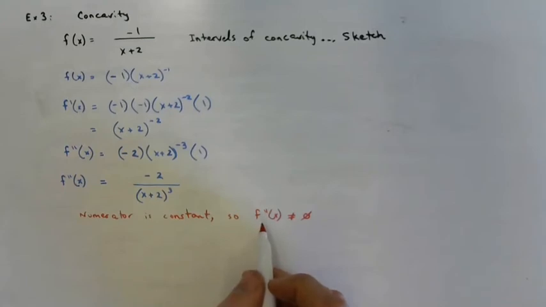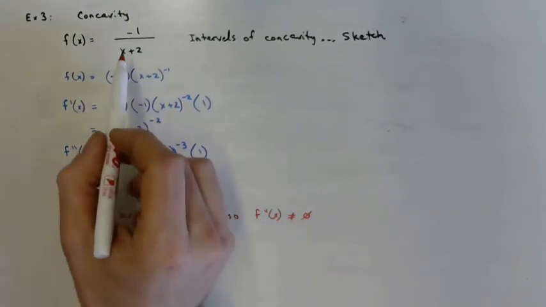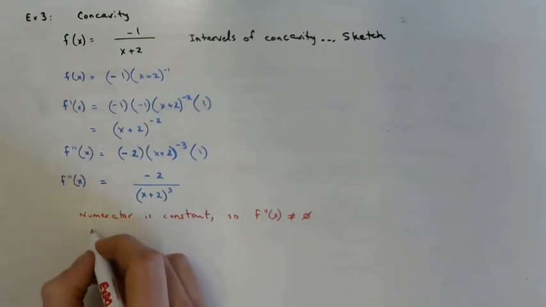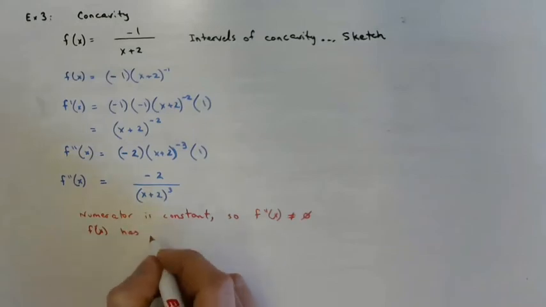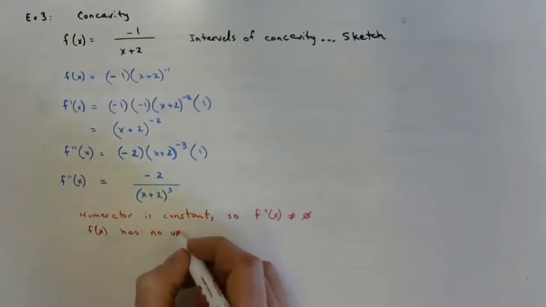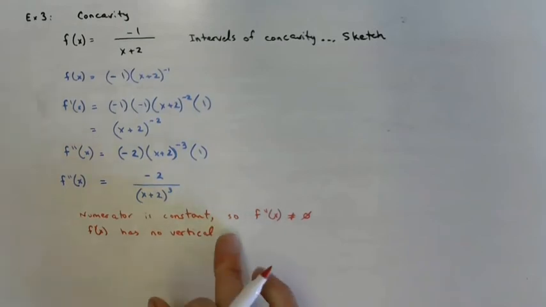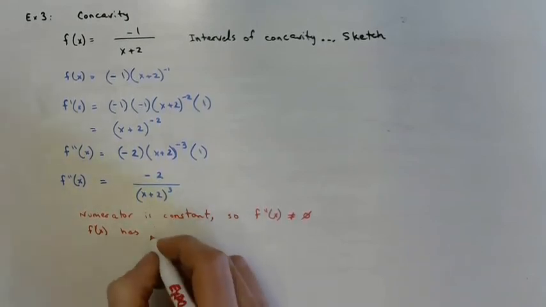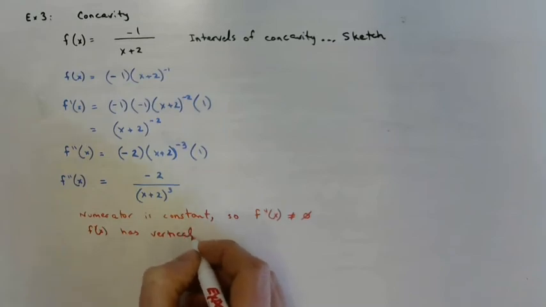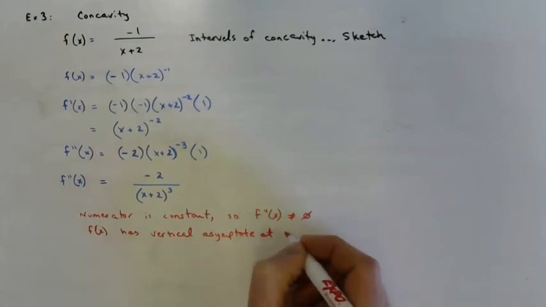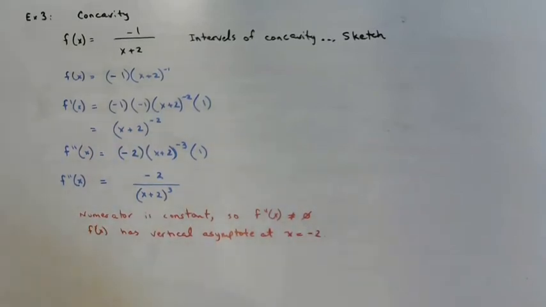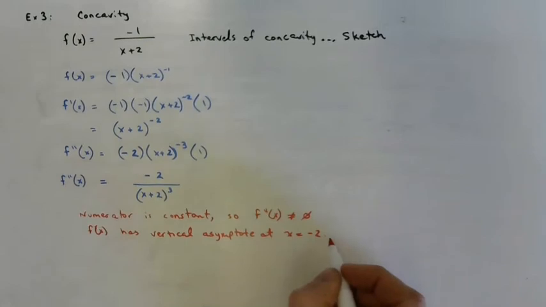We also need to note that there is a vertical asymptote. If we look back at f of x, it does have a vertical asymptote at x equals -2. And the denominator changes sign at that point.